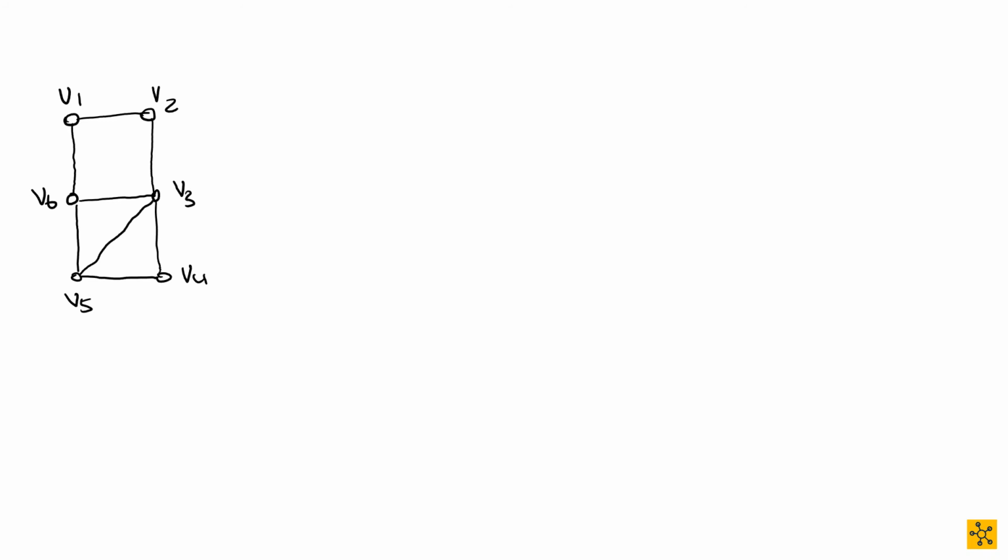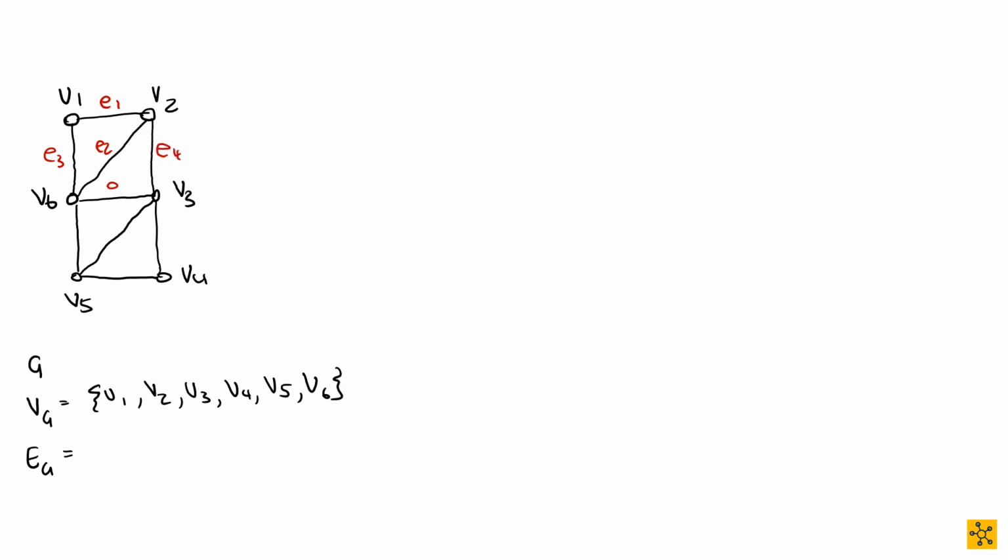Okay, so there's our main graph G, where VG is equal to V1, V2, V3, V4, V5, and V6. And I'm just going to name all these edges. For simplicity, we have E1, E2, E3, E4, E5, E6, E7, E8, and E9.